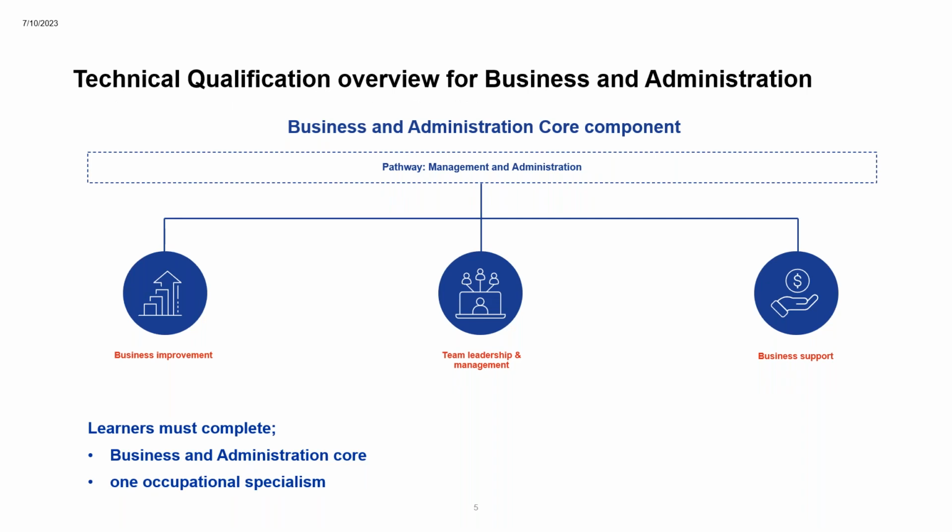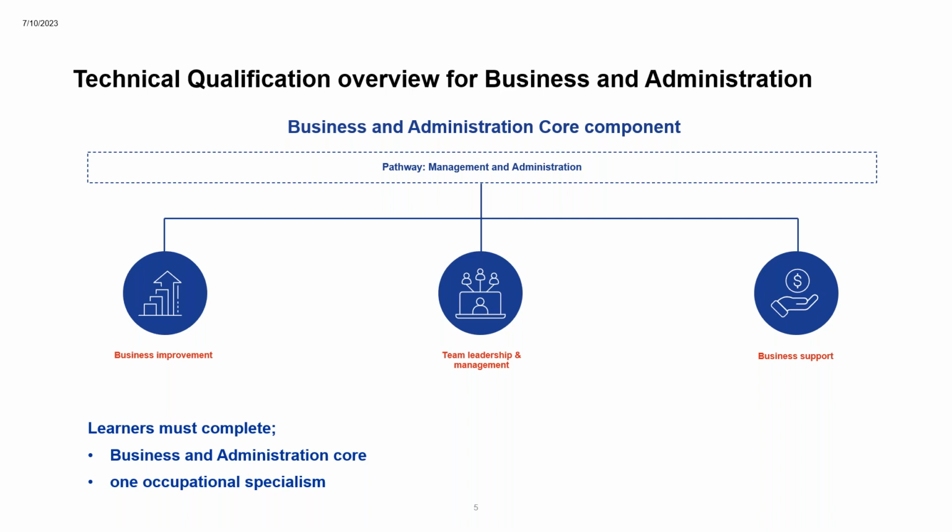Now, onto those occupational specialisms. By now you will have chosen one or more than one occupational specialism in what you are going to deliver from September. I think the majority of providers this year have chosen one specialism to offer. Perhaps the slightly larger providers have offered 2, giving learners an opportunity to take their pick. And what we're seeing is generally team leadership and management and business support has been the most popular.